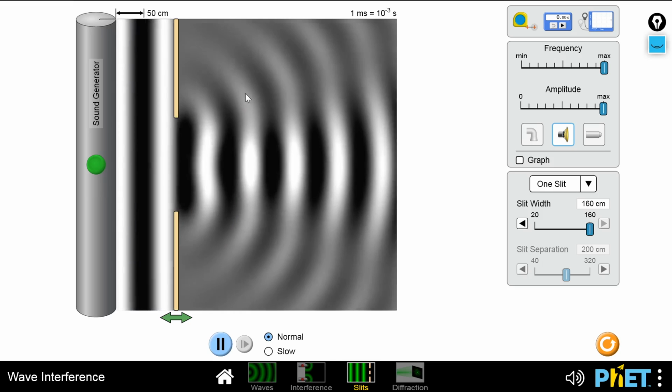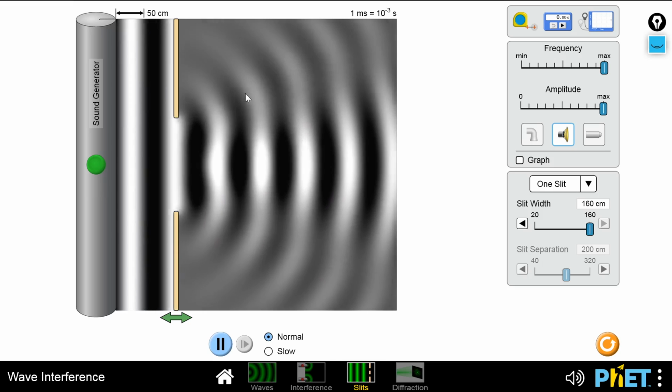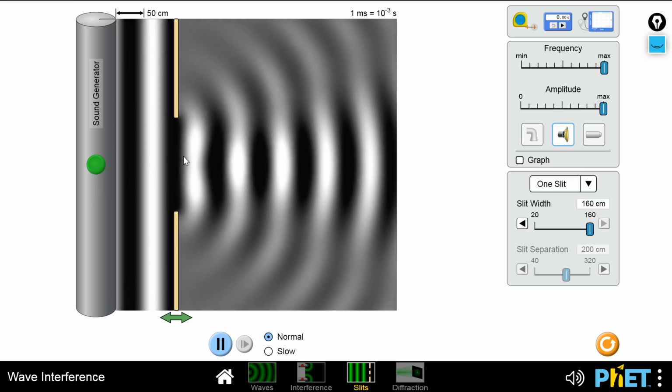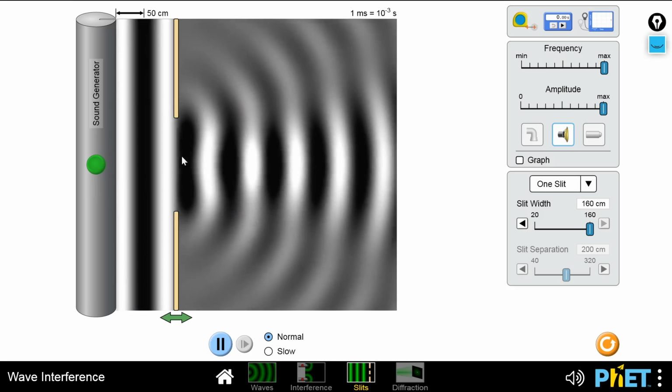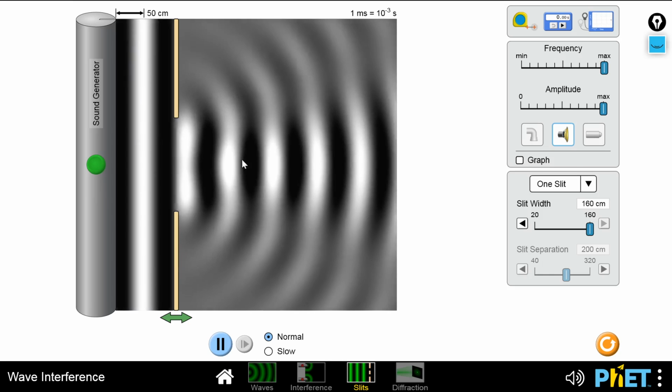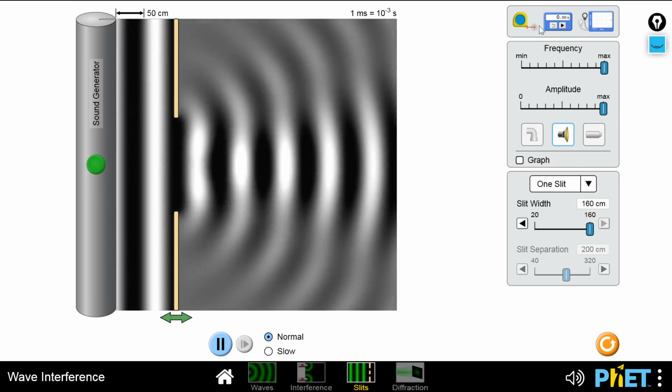So the observation is that as the aperture size of the slit grows large compared to the wavelength, then the waveform preserves its shape.